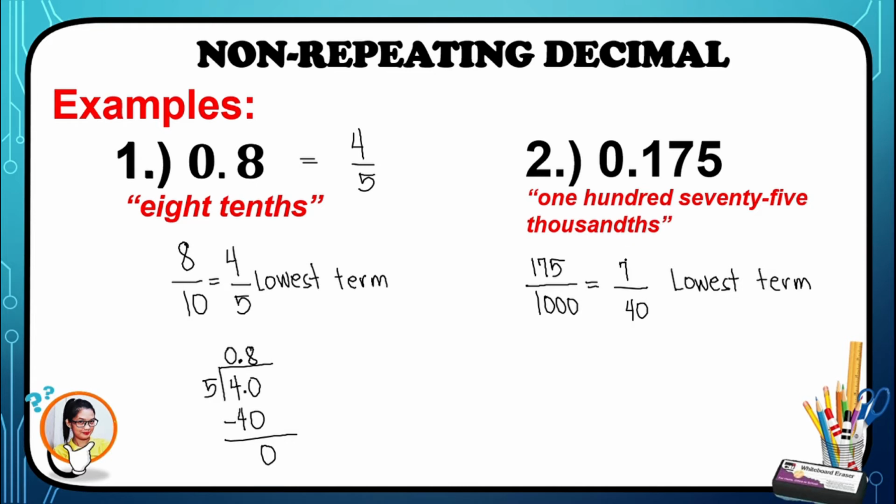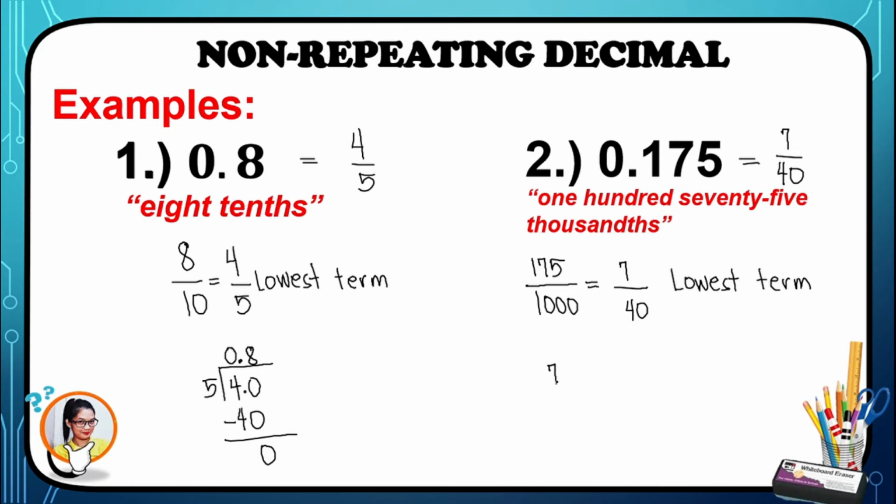Which means to say 7/40 is equivalent to 0.175. So let us write 7/40. Well, to prove that, let's divide them again.